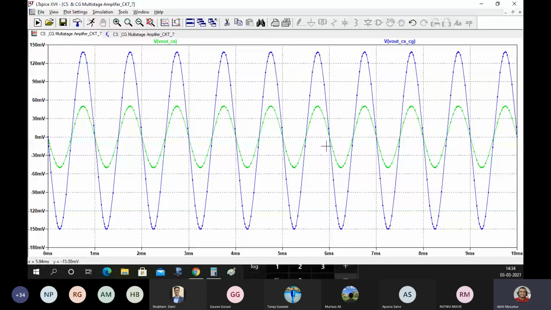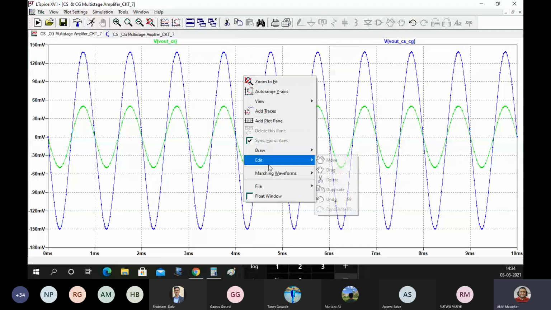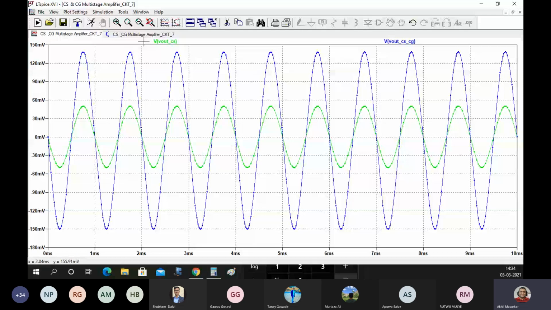So this is the transient analysis, and so what I am plotting is V out CS and V out CSCG.